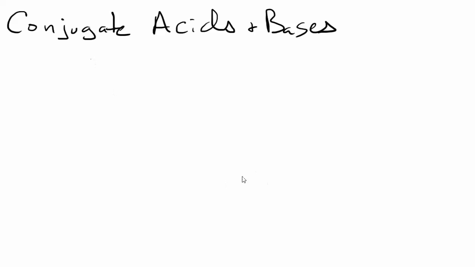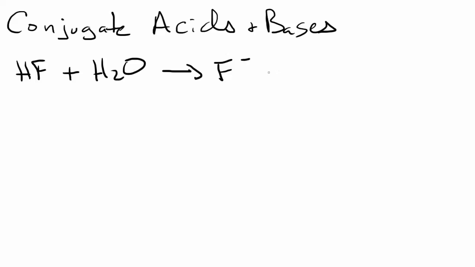So let's start with a pretty simple reaction, and we'll react a pretty strong acid with water. We'll do hydrofluoric acid, which is HF, and we'll throw that in some water. Now I think by now you pretty much know what that does. It reacts with the water, gives off its proton, creates a fluoride ion, and then creates the hydronium ion, which is H3O+.